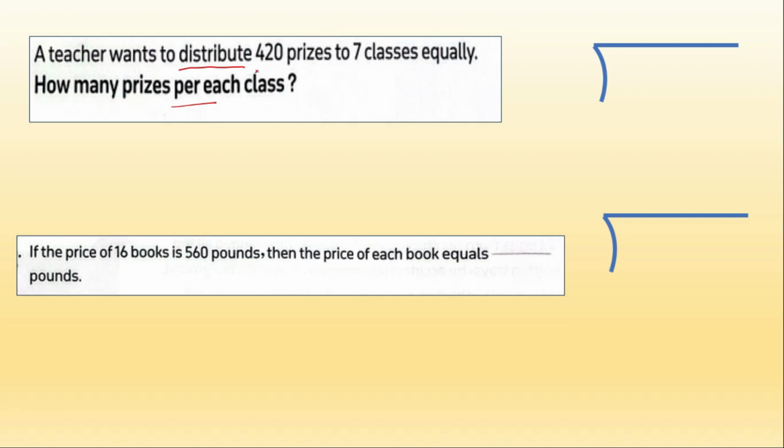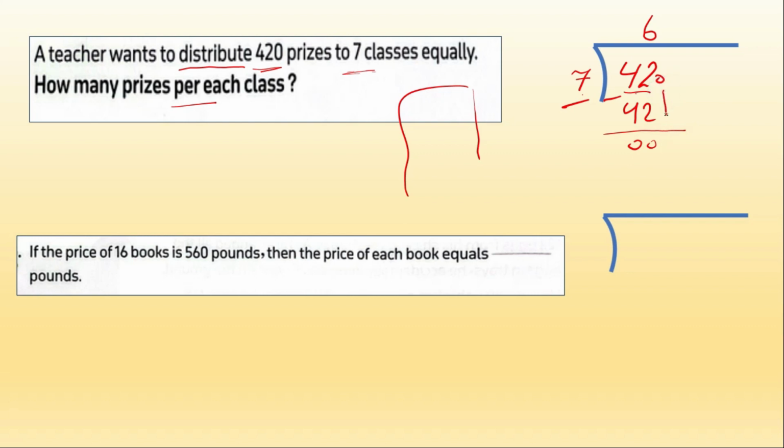Okay, so here we have 420 prizes among 7 classes, so you write the dividend 420 divided by 7. Of course you want to have memorized the table of 7. If you haven't, you write the products in front of you. Now let's start: 4 divided by 7 can't be, 4 is smaller. Okay, so 42. 42 divided by 7 equals 6, and the product is 42. Subtract 42 minus 42 equals 0. Have you finished?